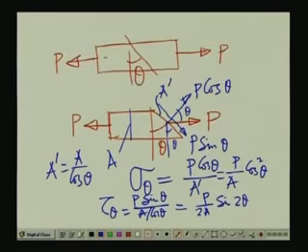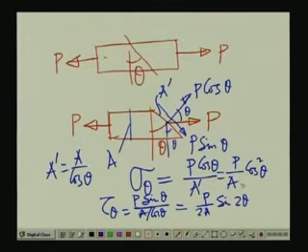The maximum value of sigma theta is when cos square theta is equal to 1, which leads to theta equal to 0. And for sin 2 theta, 2 theta is 90 degree, so theta being 45 degree gives the maximum value of the shearing stress.